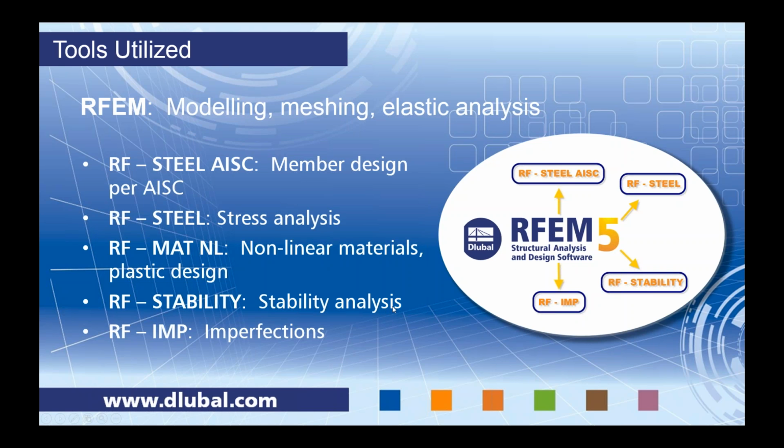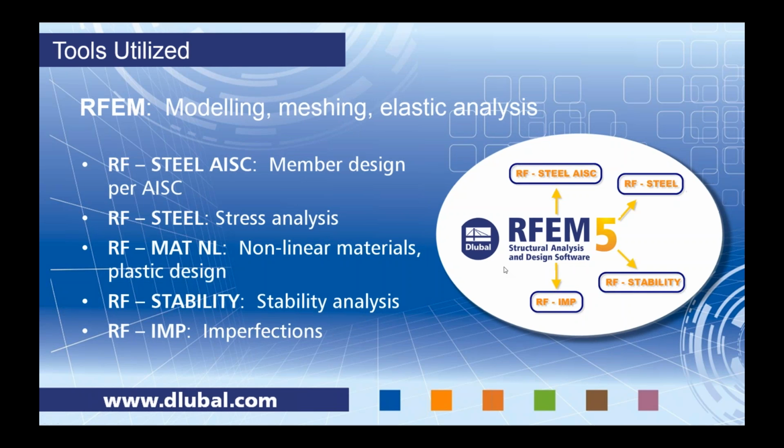RF-STABILITY is a stability analysis add-on module. This will give us our local buckling modes that we'll calculate according to our design loads for our frame elements. And then RF-IMP will actually take these modes and scale them and create an imperfection. Then after this, we take it all back into RFEM.